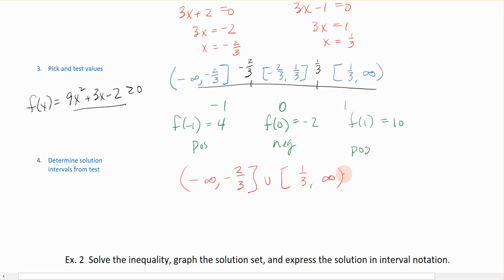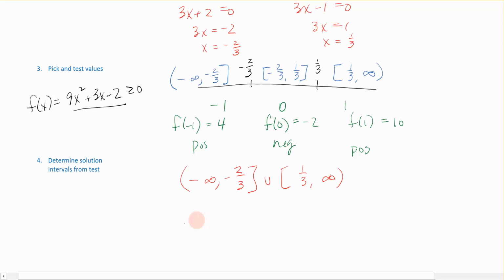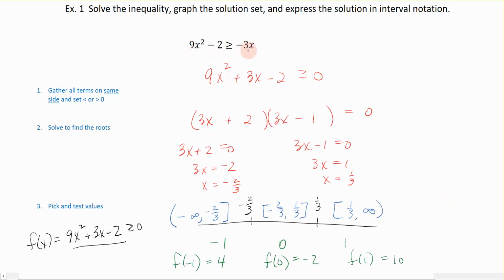And I can graph the solution by drawing my number line down here. So I want to graph the solution set. I have -2/3 and 1/3 again. This says that I've got values to the left of -2/3 and to the right of positive 1/3, and I simply replace it with my symbols down here. So this in red is the solution, and this here on the graph is the graphic solution to solving this polynomial inequality.